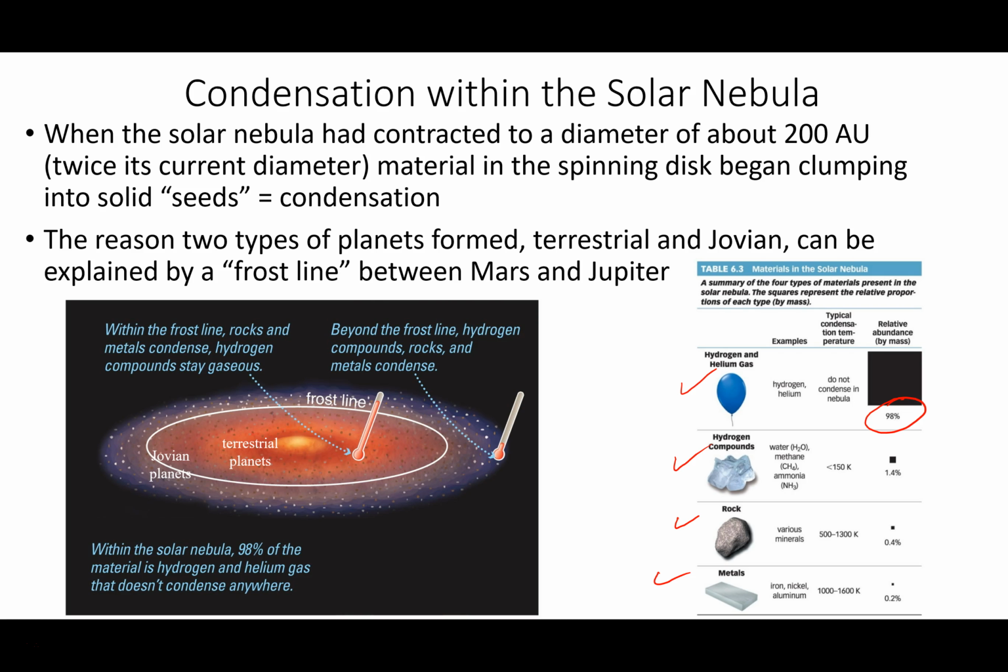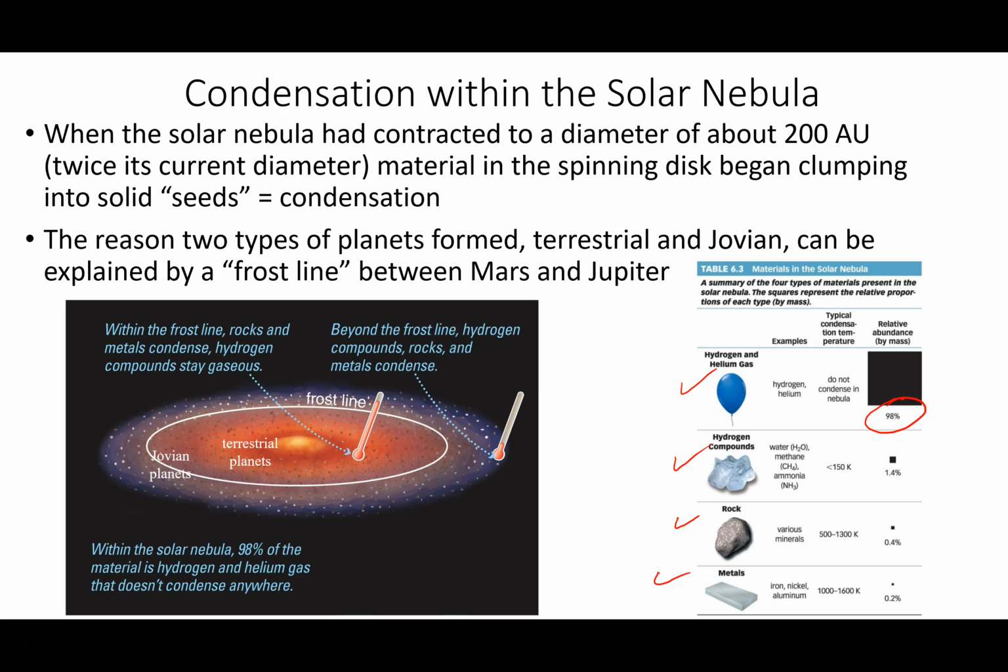So what does the word condense mean to you? When do you use the word condense? Vapors and water, maybe if you're boiling something, you have water condense on your lid. So condensing is something going from a gas to a liquid.